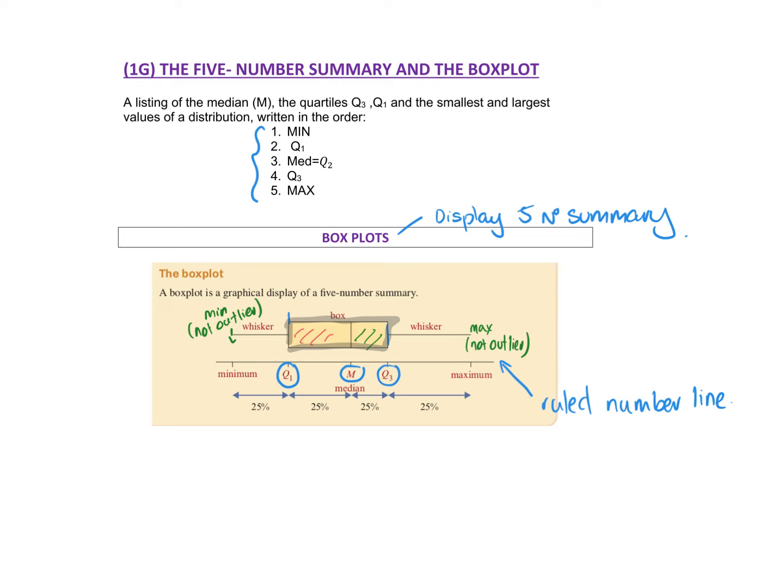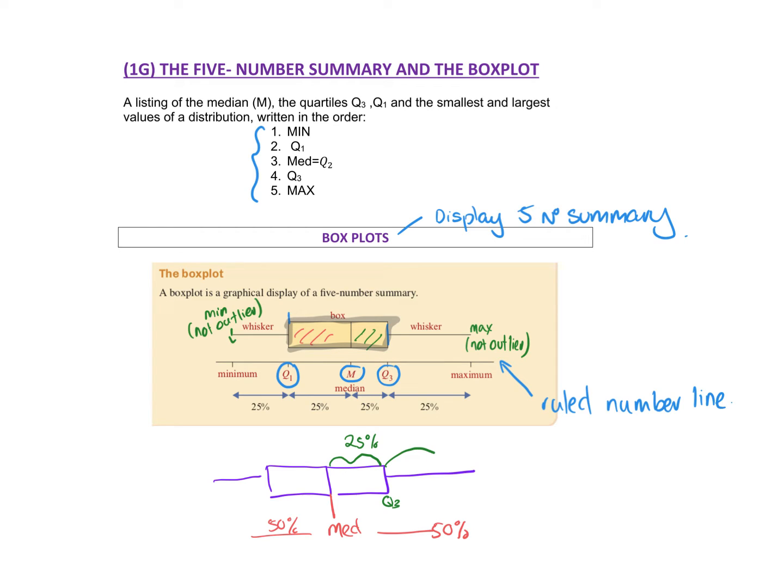I'm just going to draw another one here. So when we have the box plot, remember we said about the median, and that 50% lies below it and 50% lies above it. So from the median to Q3 is 25%, okay?